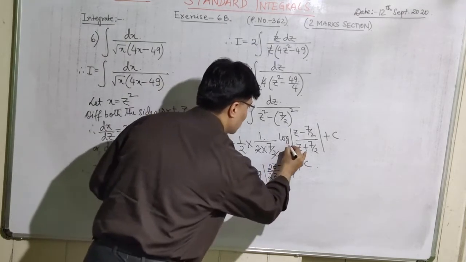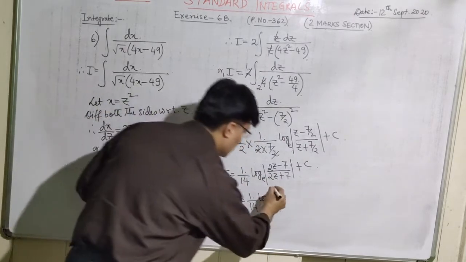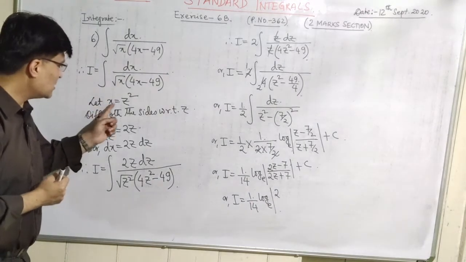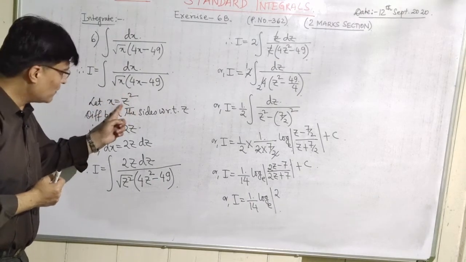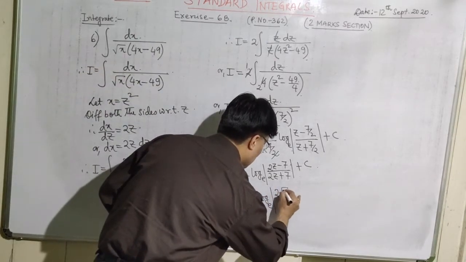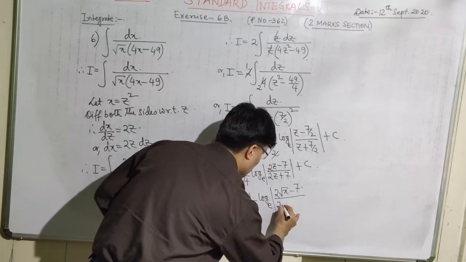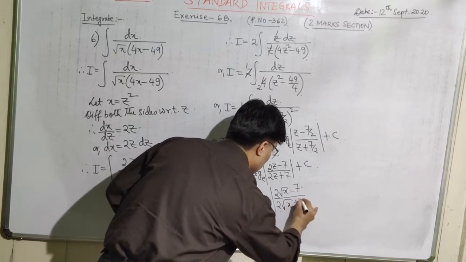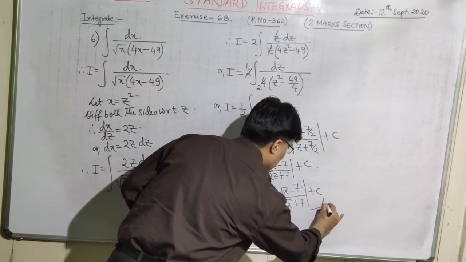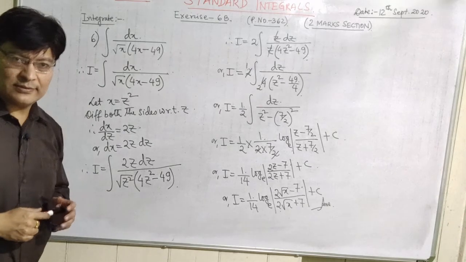You can write down the base here, base is e. So 2 into, what was z actually? Actually x is equal to z square, and what is the value for z? z is equal to root x. So it is 2 root over x minus 7 divided by 2 root over x plus 7, mod sign closed, plus c. So this is the final answer.